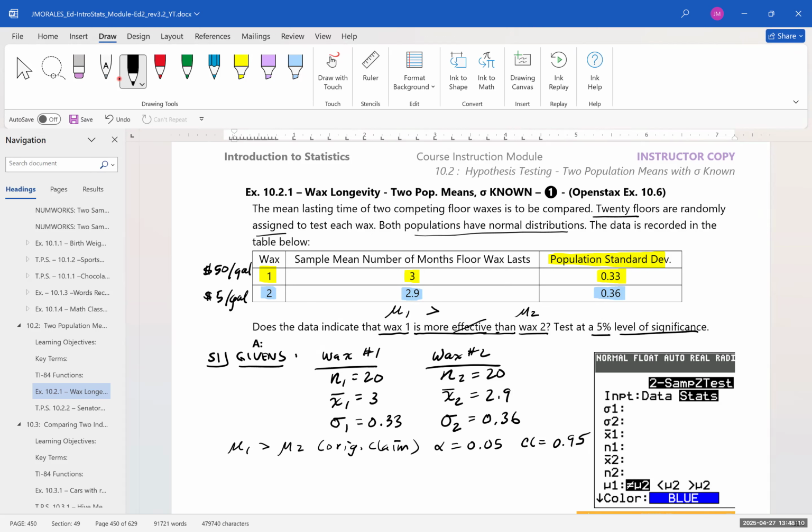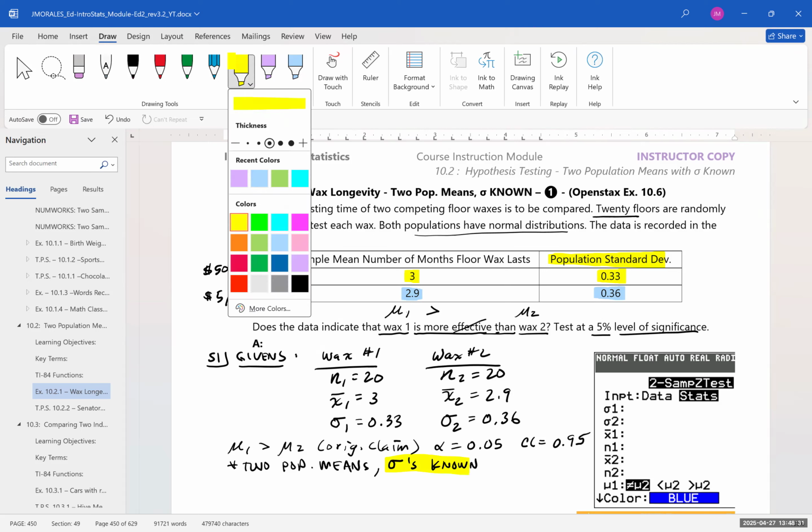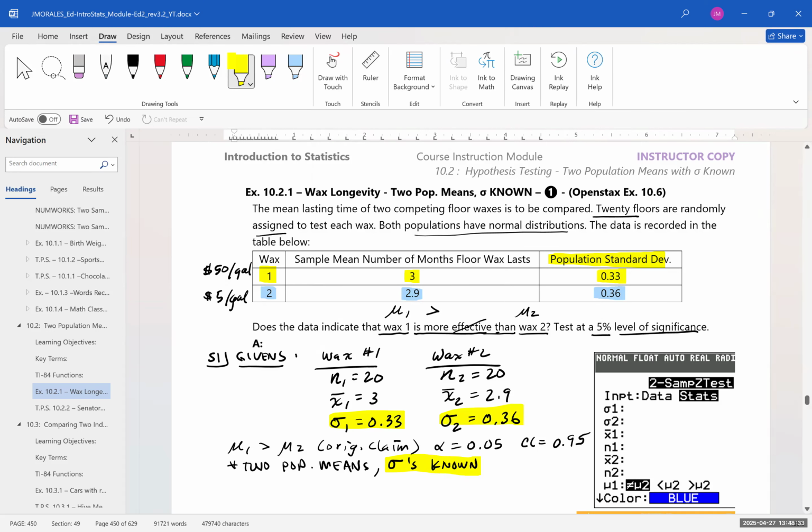All right. Now what we're dealing with here is two population means. And the population standard deviations are known, right? Because we were given those here and here.